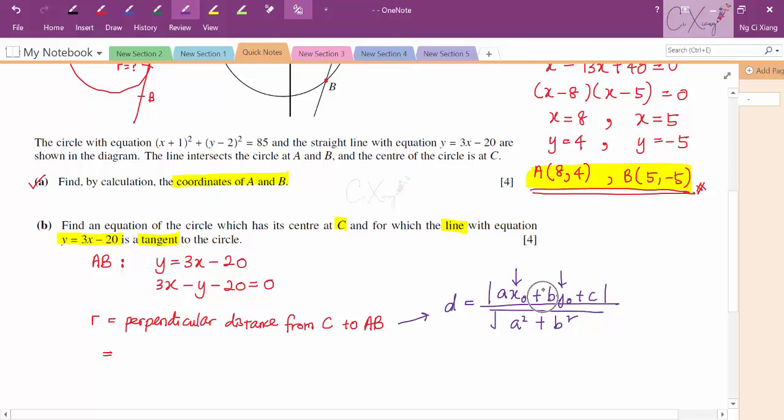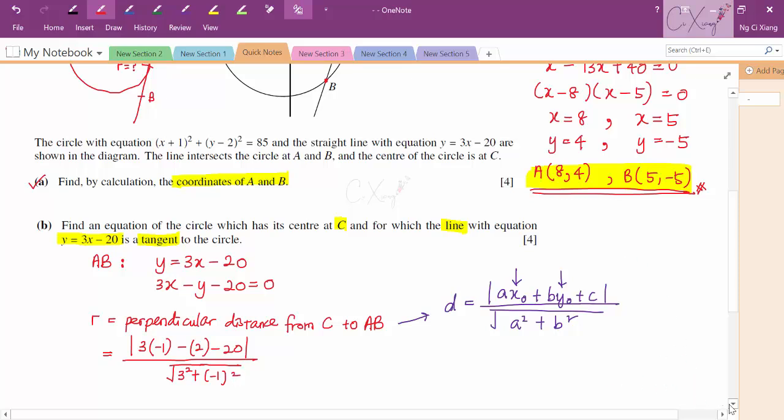To apply this to our question, I have Ax, where A is 3 according to our equation, so it will be 3 times x, which is the x coordinate of C, which is -1, then minus y, where y is 2, minus 20, divided by the square root of 3 squared, because our A here is 3, and then B is -1, so plus -1 squared.